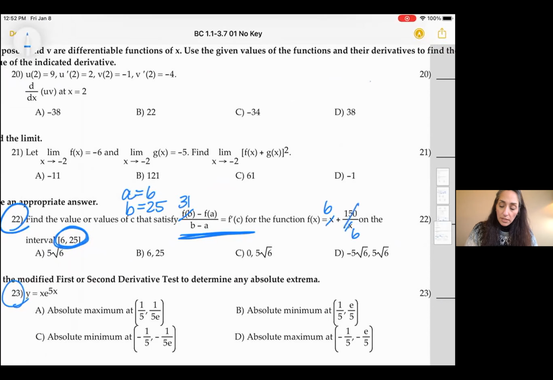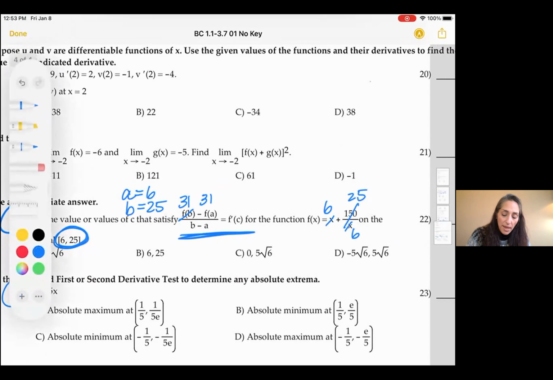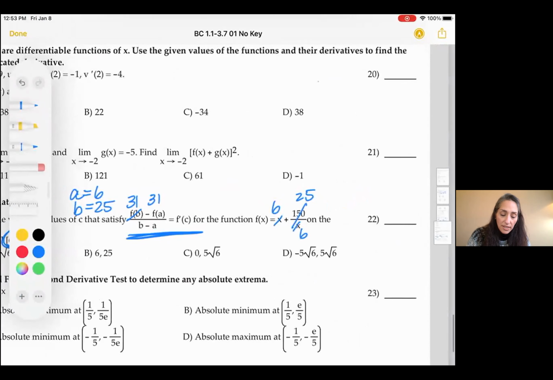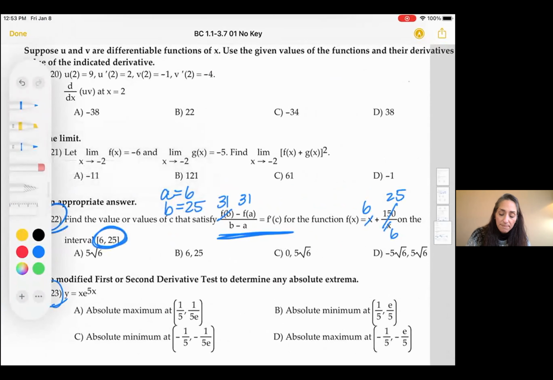So this is going to be 25. 6 plus 25 is 31. And then divided by B minus A, not that it really matters because 31 minus 31 is going to be 0. But on the bottom here, this would be 25 minus 6. So this would be 31 minus 31 is 0 divided by 19, which is 0. So that's the left-hand side.